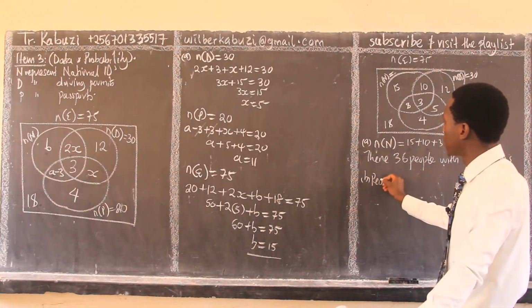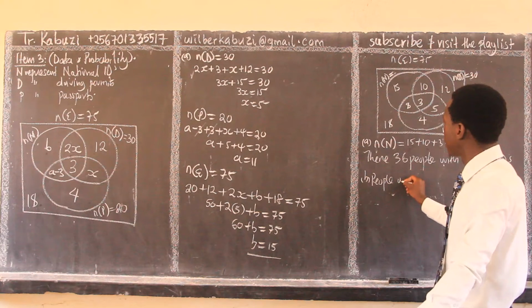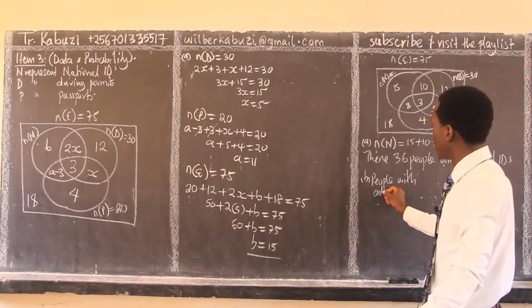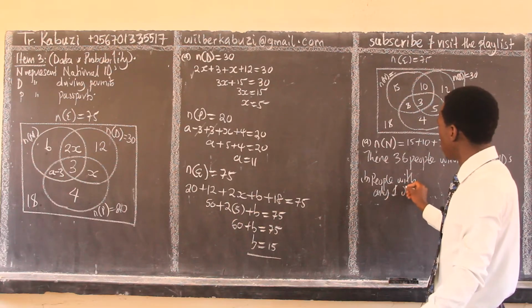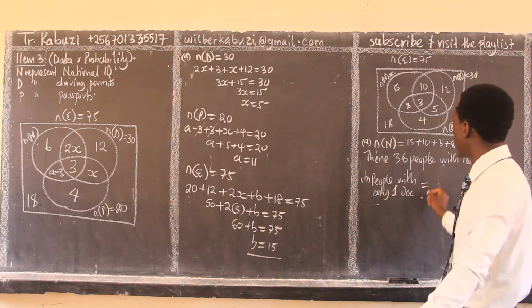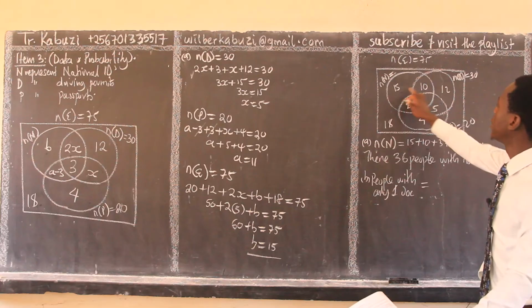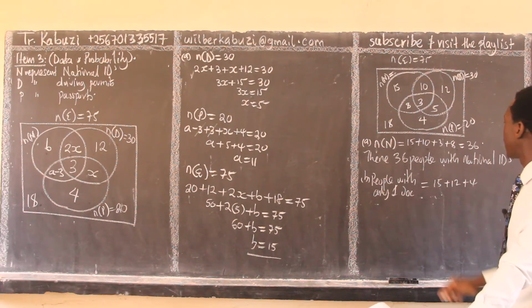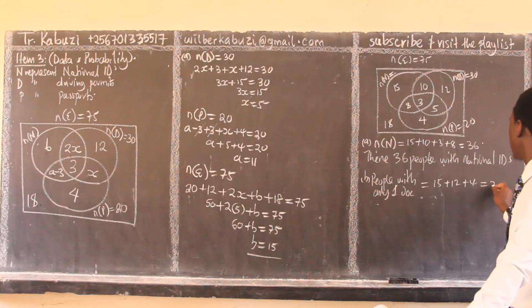So people with only one document will be only one, this, and this. So we have 15 plus 12 plus 4, 16 plus this, that would be 31.